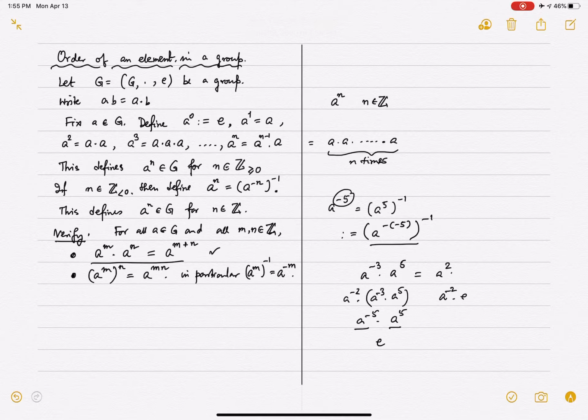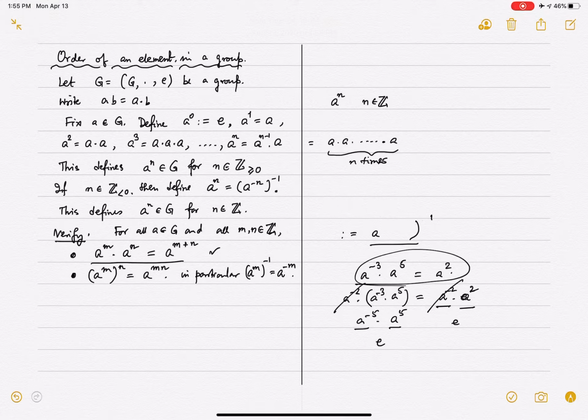Also on the right hand side, you get a to the minus 2 times a to the 2. This is supposed to be the inverse of that, so they multiply to identity. So these two are the same, but then in a group, you know you can cancel. That was one of the little things we proved, so you get that. So that's roughly how these proofs work. You have to do a little induction or something. I'll leave it as an exercise.